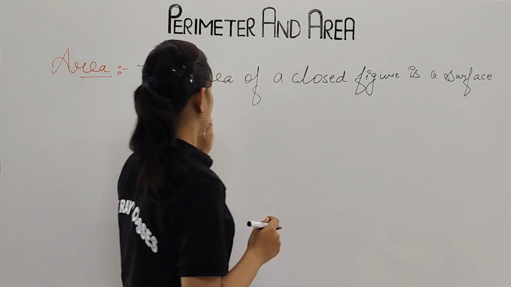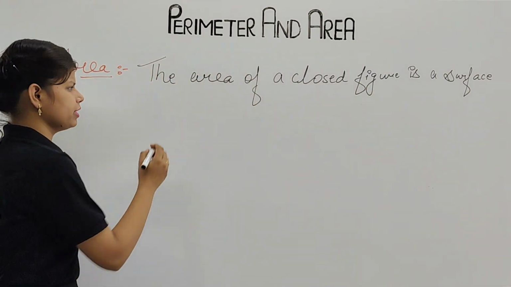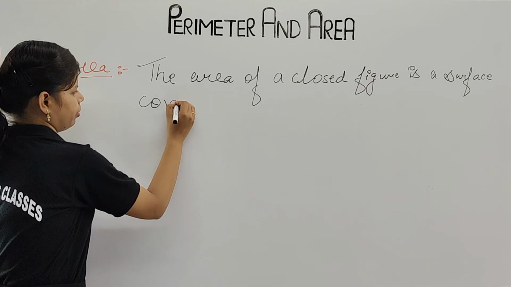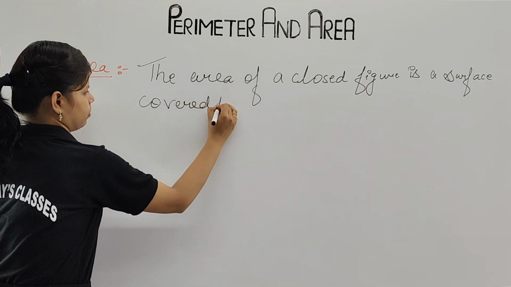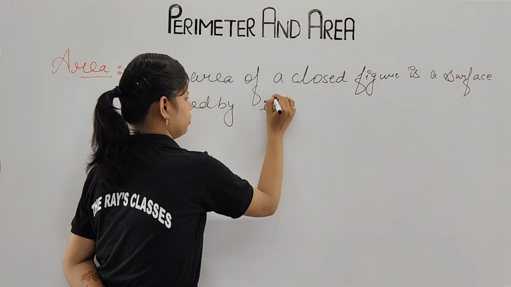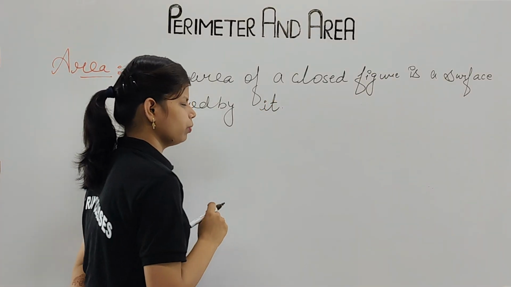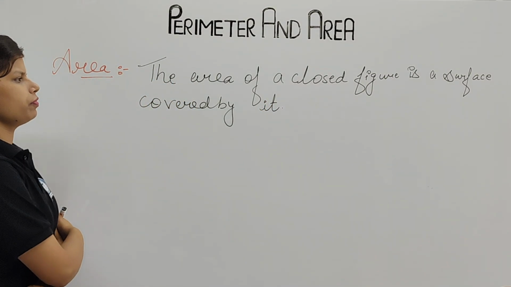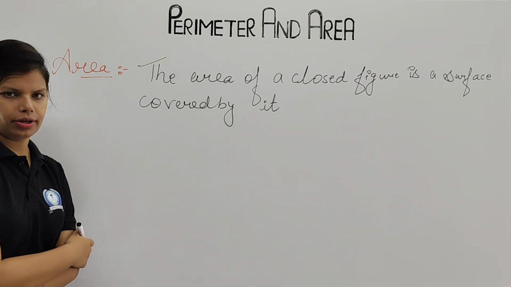What is the area? The area of a closed figure is the surface covered by it. It is just the general definition, you can go with it.